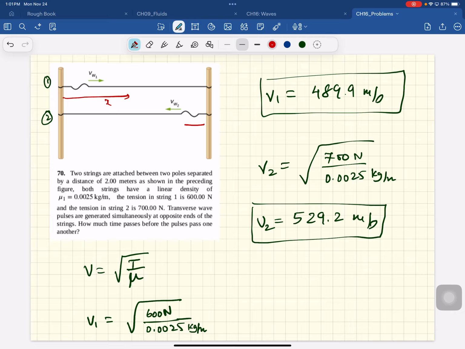So this one has traveled how much? 2 minus x. So x equal to v1 times t, and 2 minus x equal to v2 times t.